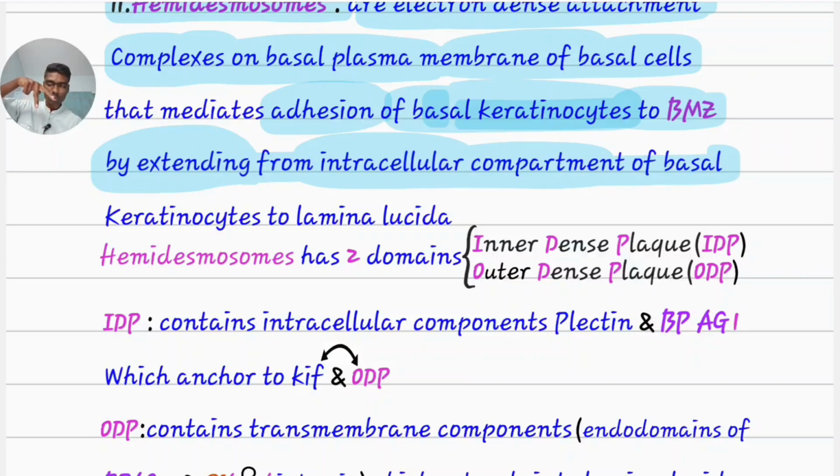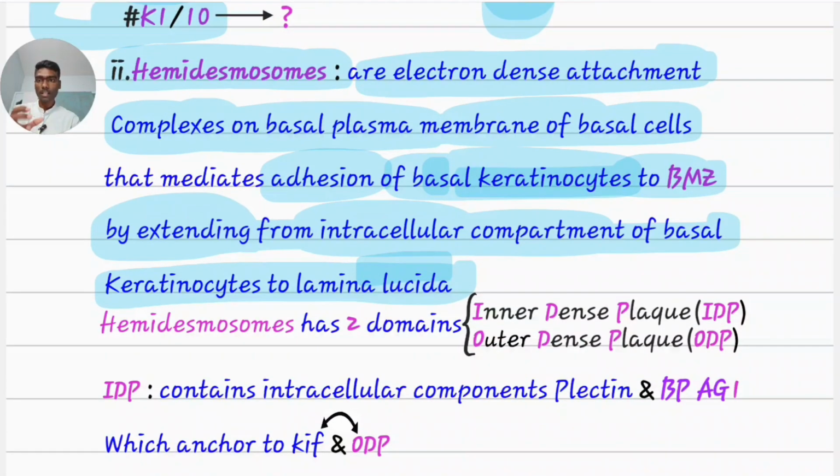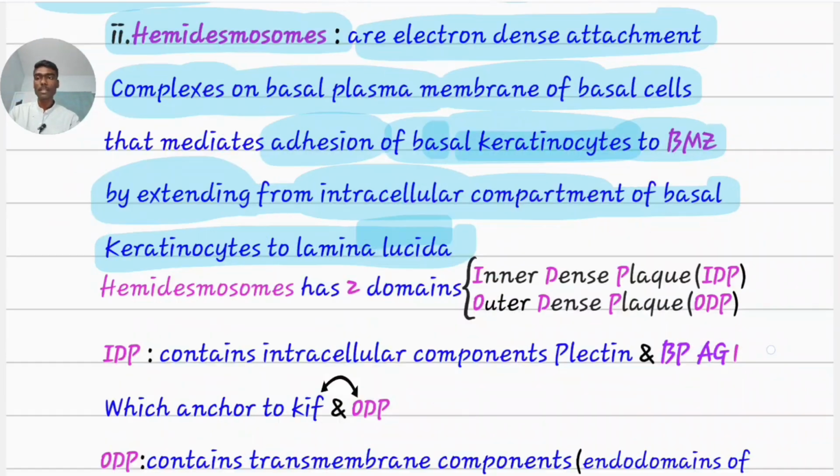Already I have told you how they will extend via transmembrane proteins like BPAG2 and alpha 6 beta 4 integrin. That's the work of hemidesmosome, connecting the basal cell with the basement membrane by extending transmembrane components and by connecting to keratin intermediate filament above.